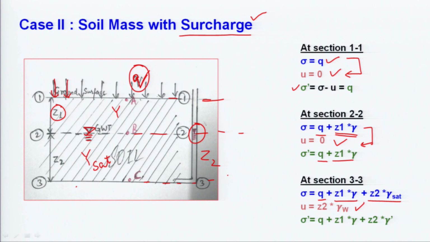So, U comes out to be Z2 into gamma W. When we subtract these two things, we get Q plus Z1 into gamma plus Z2 into gamma saturated. So, that is the effective stress that is there in section 3.3.